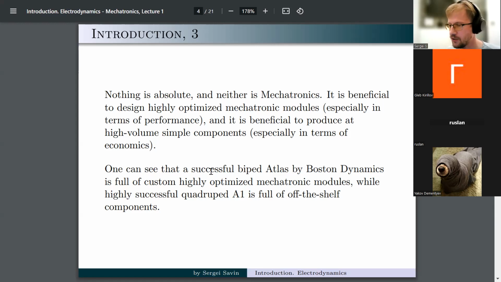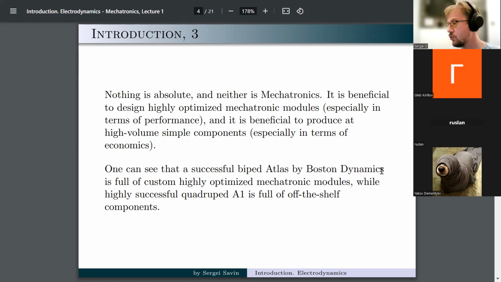So just as an example, we can point out Atlas by Boston Dynamics, the robot that can dance, do somersaults, etc. This robot has tons of highly optimized mechatronic modules. Its legs are designed basically with the hydraulic components in mind, like the valves, the ways the liquid goes in and out.